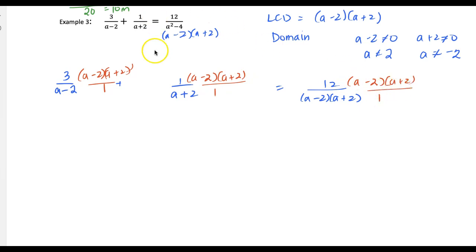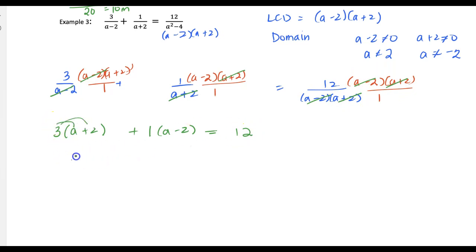And then simplify and see what we have left. So in the first term, we have 3 times a plus 2. In the second term, we end up with 1 times a minus 2. And in the third term, both denominators end up reducing, and we just have a 12.